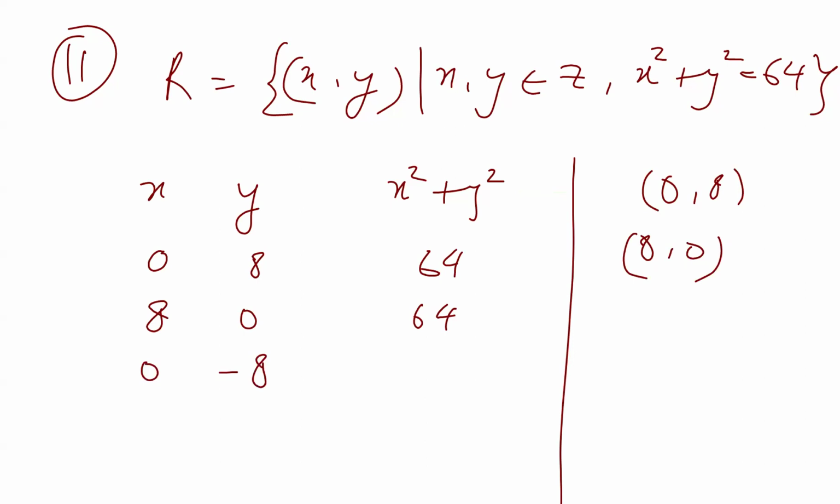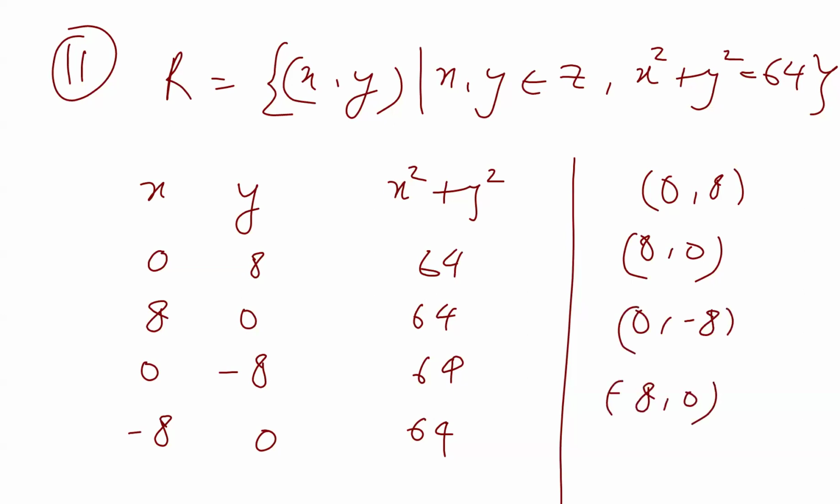Then 0 comma minus 8, 0 square plus minus 8 square will also give you 64, and minus 8 comma 0 is also giving 64. Any other possibility which will give you 64? I don't think so.